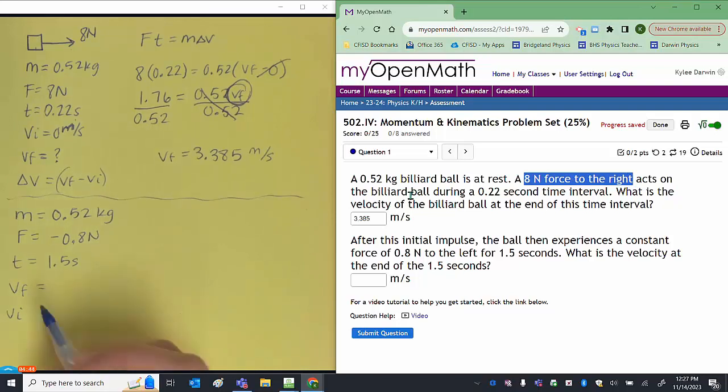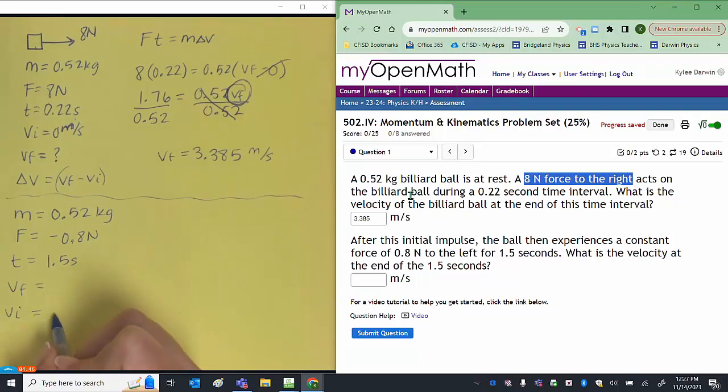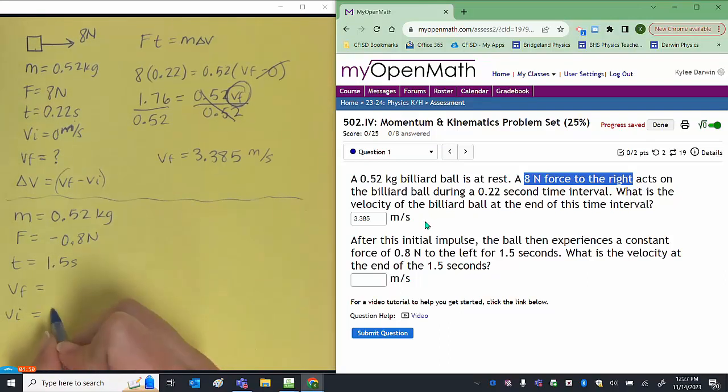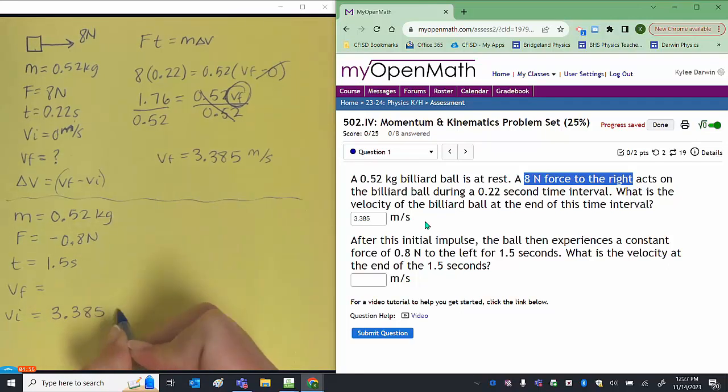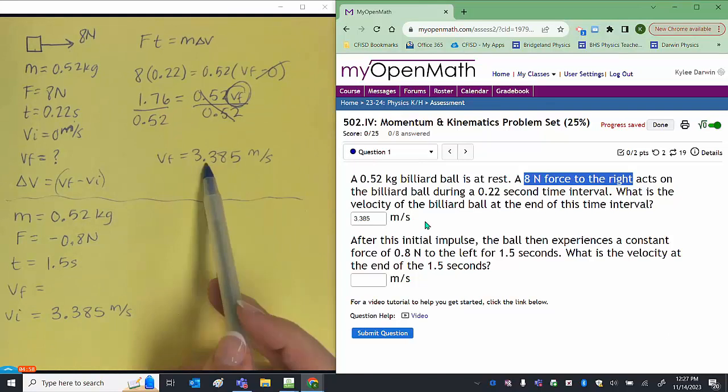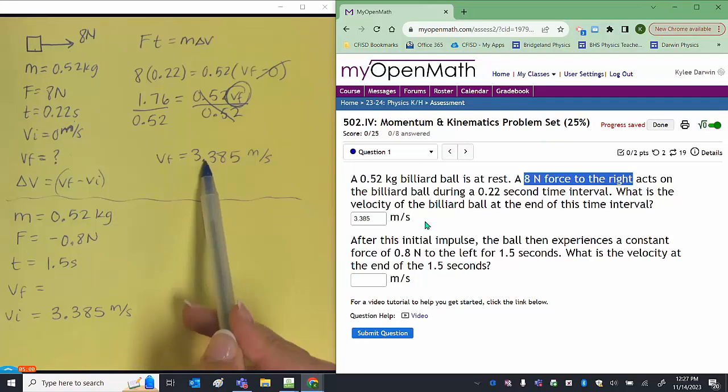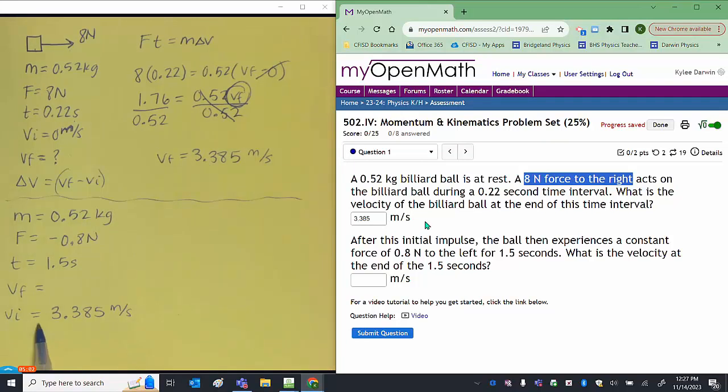So my initial velocity here isn't 0. My initial velocity here is the answer from my previous question. It was moving 3.385 meters per second after that first impulse. That answer at the end of the collision is now my initial velocity as it's rolling to a stop or slowing down.